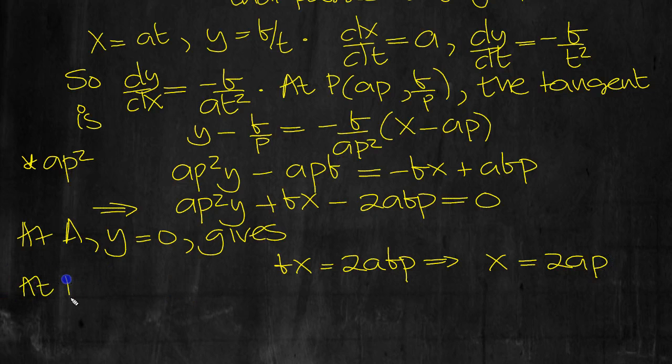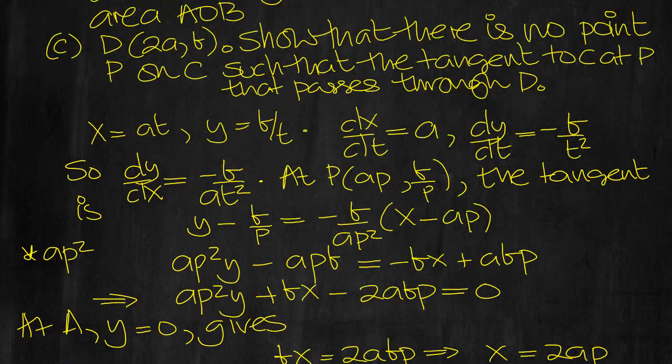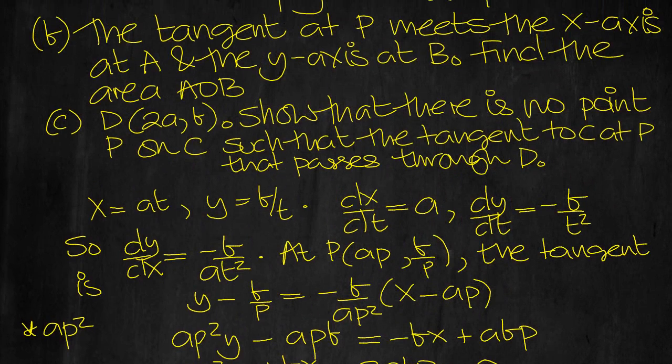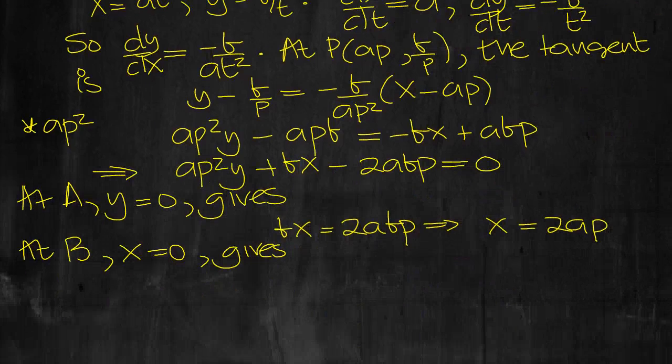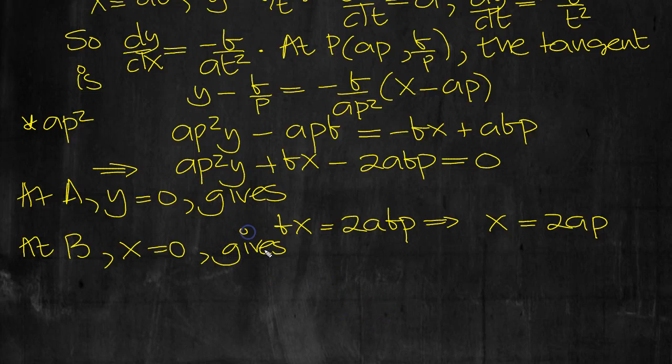At the other point B, this is the y-axis, so x equals 0. Let's just check that B was the y-axis. x-axis at A, y-axis at B, so here on the y-axis x is 0. So at B, put that into the tangent.